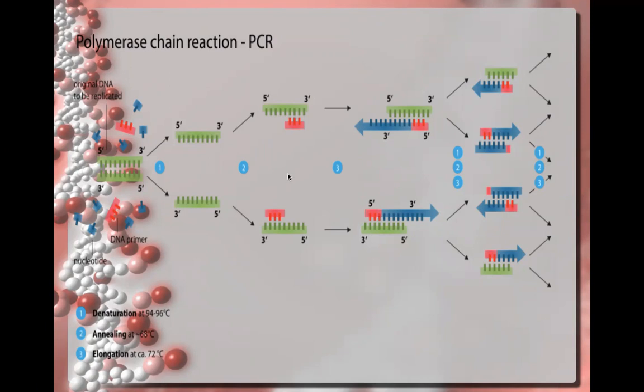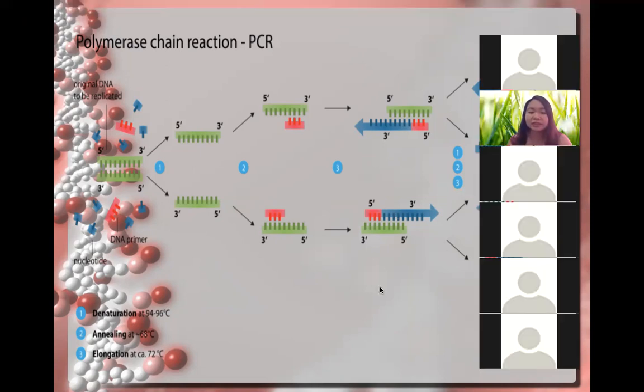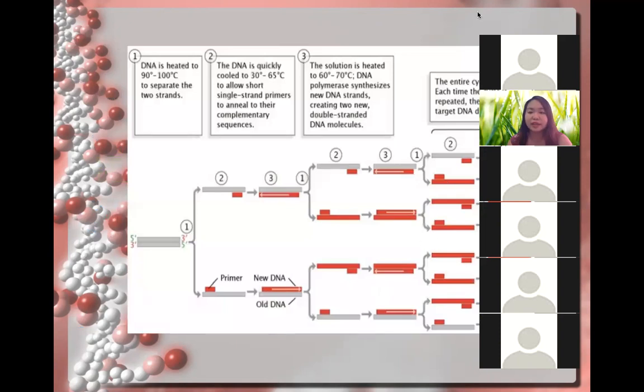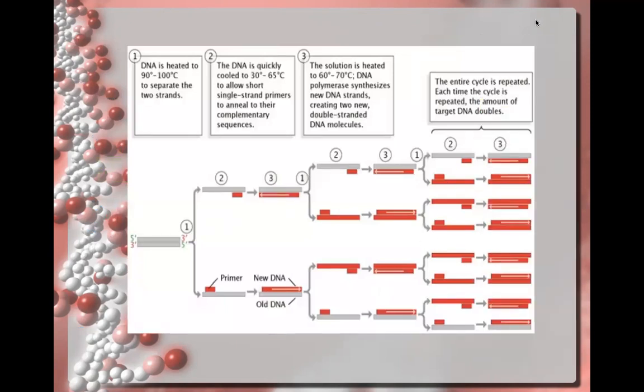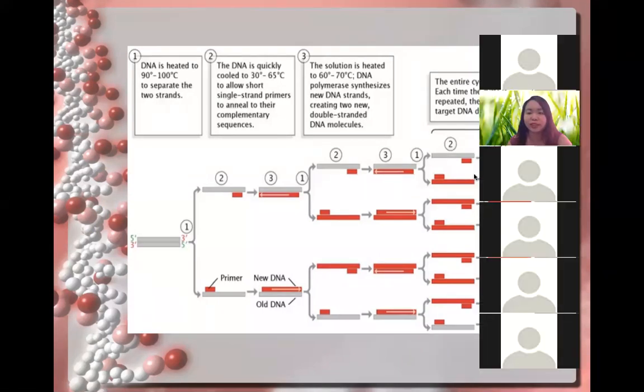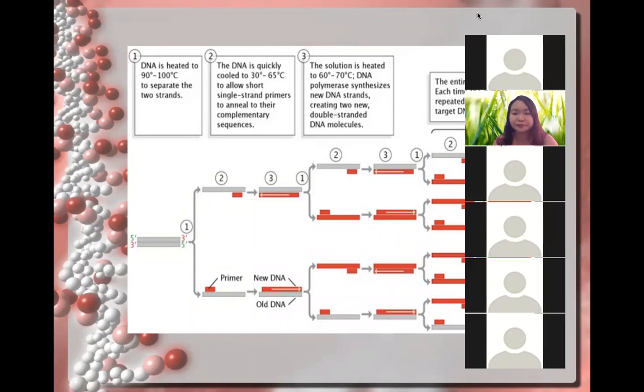And second is, we call them annealing at 68 degrees Celsius. And then third is the elongation at 72 degrees. So hindi natin yan nakikita inside the machine. They are just being heated, and then it will work on their own. Hindi yan natin makikita again.